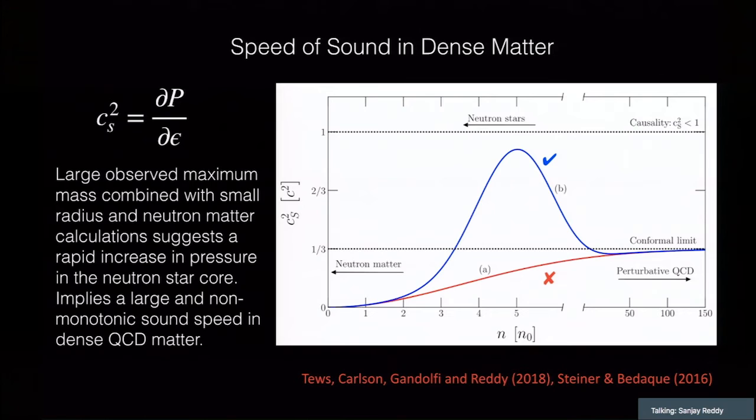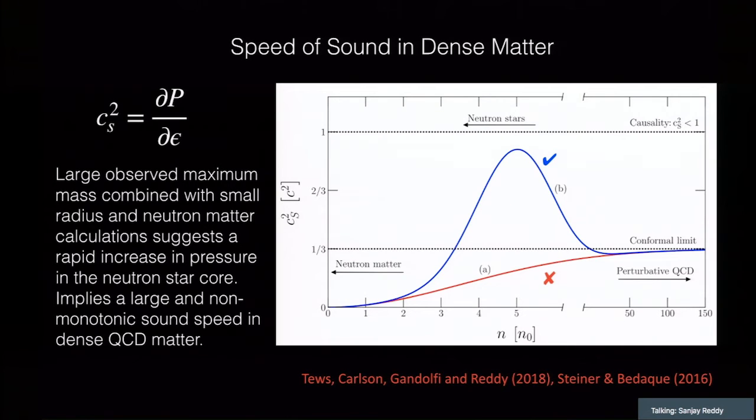If that happens, we know that at some higher density, we need a transition of some sort to change this behavior and turn it around, bringing it back to smaller values. So one robust conclusion of relevance to high density matter is this non-monotonic behavior of the speed of sound.